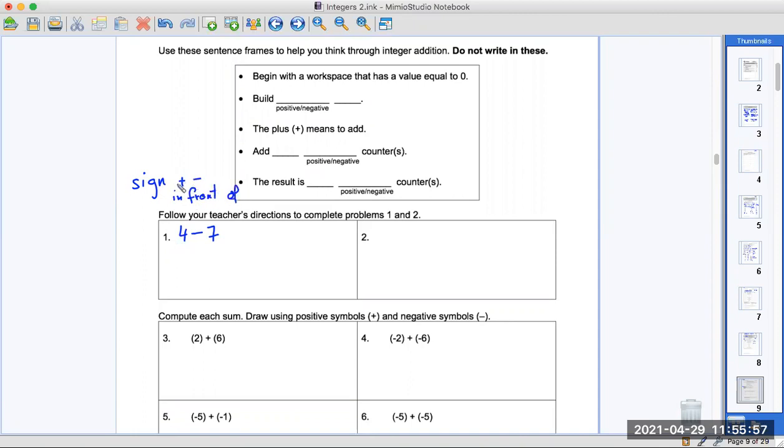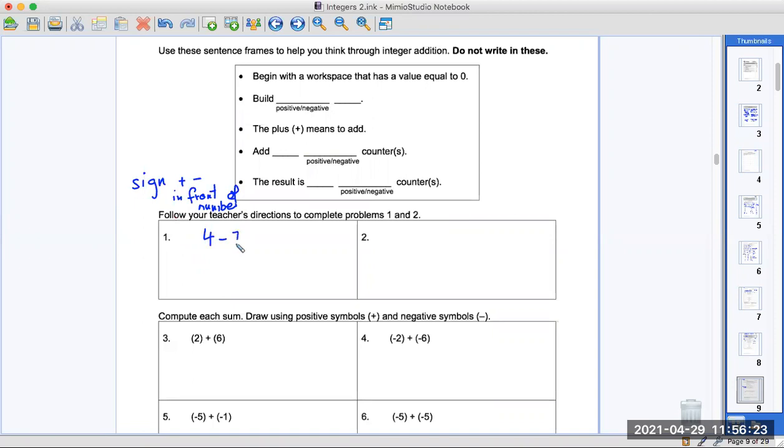And that tells you what the value is. And it's always in front of the number. And you notice the 4 doesn't have a sign, so you can assume it's a positive, it's a plus, okay? So each number has a sign, and that tells you the location of that number on the number line. That's what that sign is for, so you know where it is on the number line.